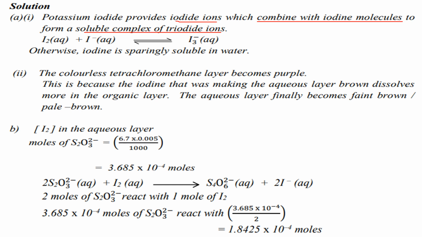Now we have already looked at this solution in group 7, which was a video also uploaded on this channel. So this is part of inorganic chemistry. We are saying that iodine molecules that you have dissolved are going to react with the iodide ions from potassium iodide, and you are going to form a soluble complex, the triiodide ions.